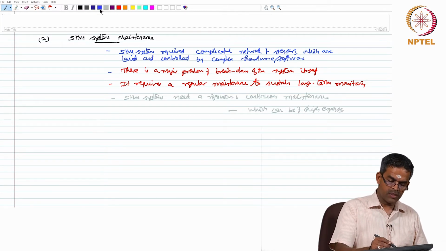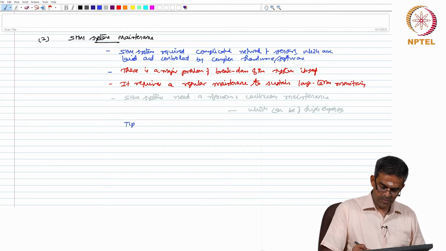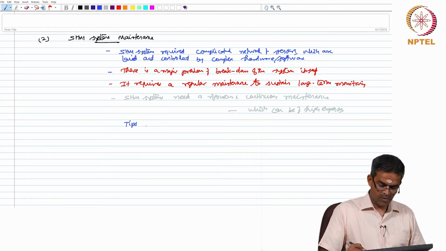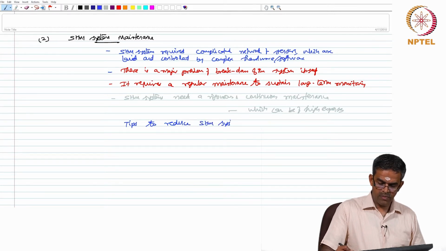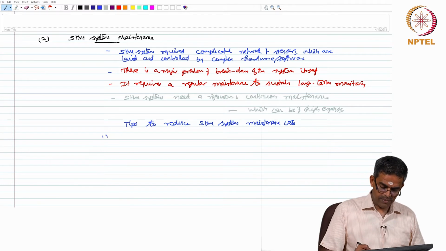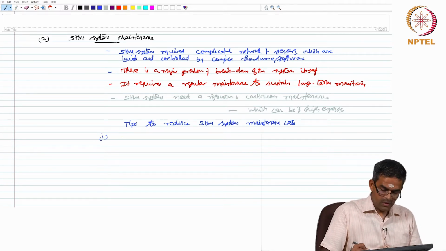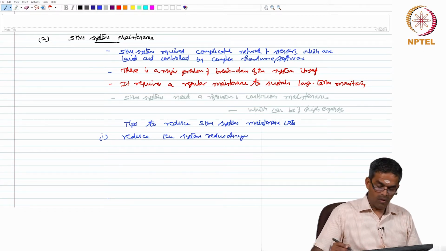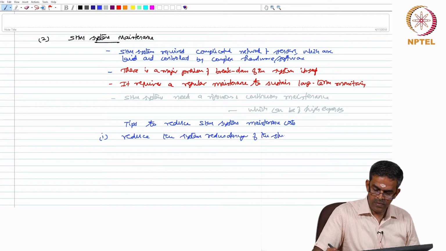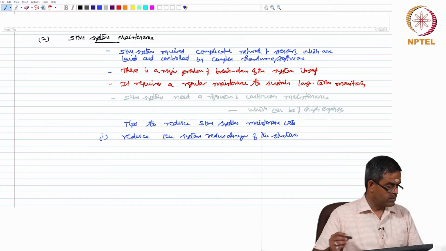So, there are some tips to reduce SHM system maintenance costs. Let us see what they are. 1. Reduce the system redundancy of the structure. 2.